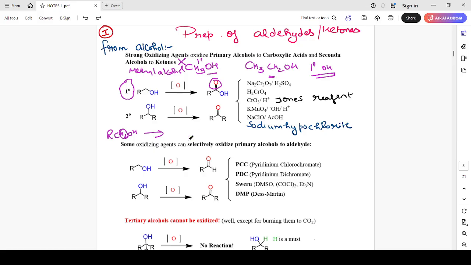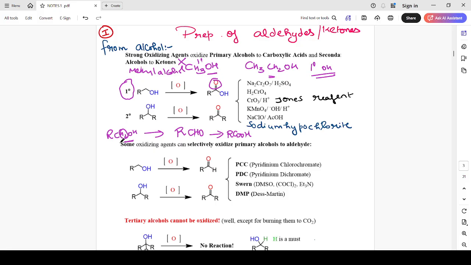Will this oxidation happen in one single step? No. It first gets converted into aldehyde or CHO. Again, it gets converted into carboxylic acid. I repeat, in the first step, can we isolate this aldehyde? Yes, you can isolate it. But with very strong oxidizing agents, it's very difficult. It will be very fast.